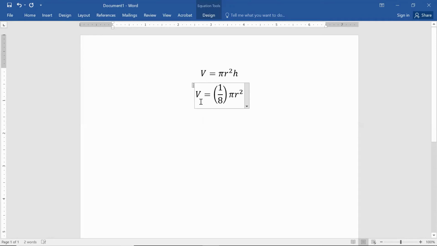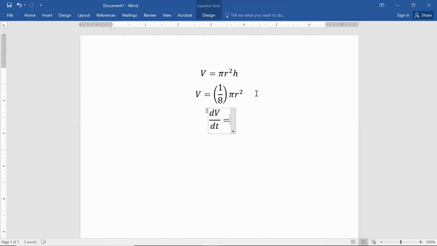Now, we want to examine how the rate of change works. We're going to take the derivative of each side with respect to time. On the left-hand side of this equation, the derivative of the volume with respect to time just becomes dV over dt.